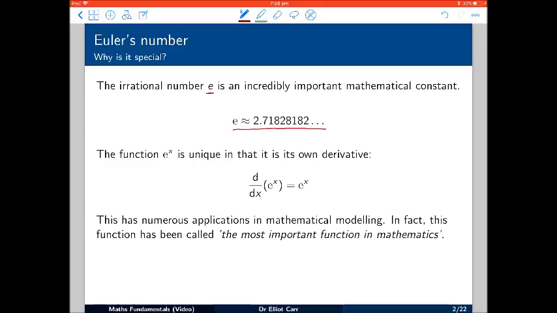Euler's number is an irrational number, so that means that it cannot be expressed as a rational number. It can't be expressed in the form a on b, where a and b are integers.